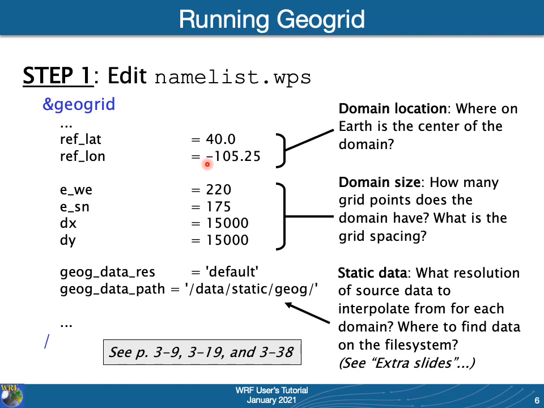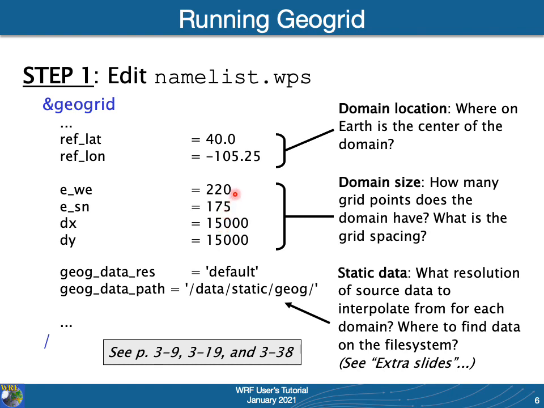Next, we need to specify the size and resolution of our model domain in terms of grid spacing and number of grid points. We can first specify the delta x and delta y values for our model domain as 15,000 meters, or 15 kilometers. So the spacing from one grid cell center to the next, ignoring map scale factors, is going to be 15 kilometers.